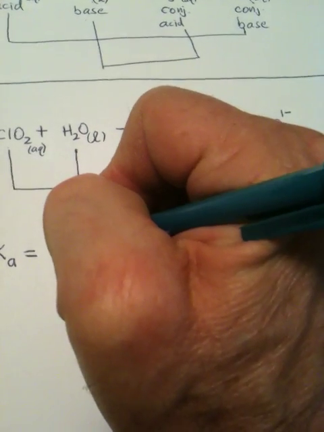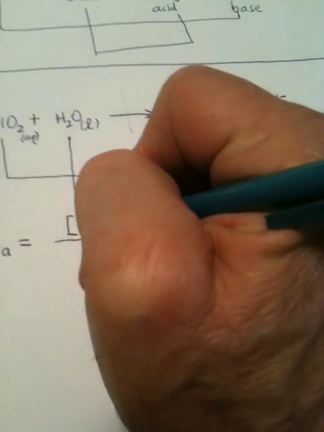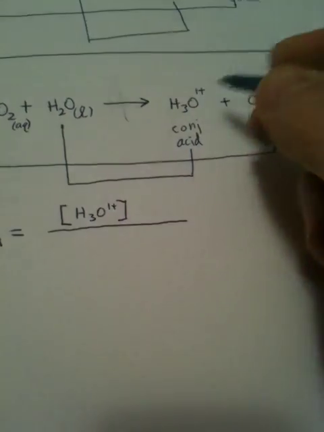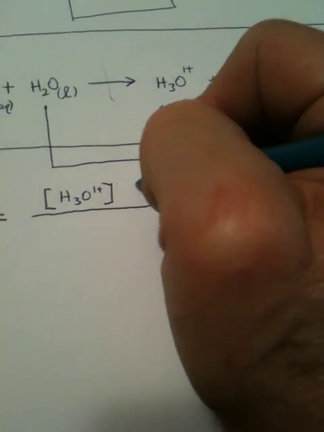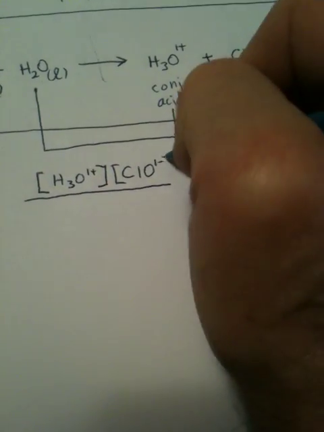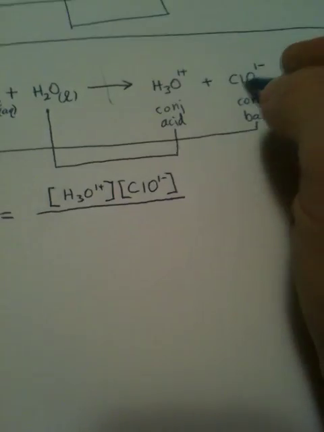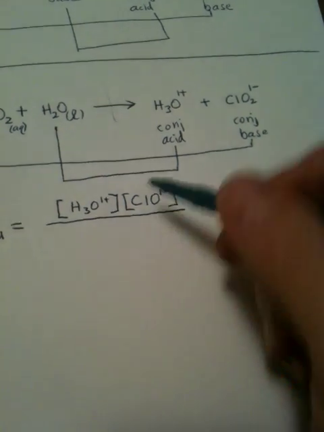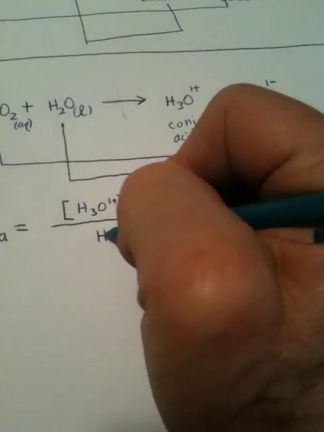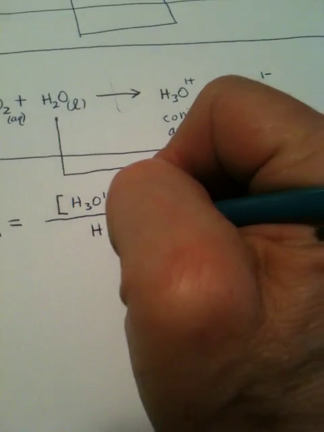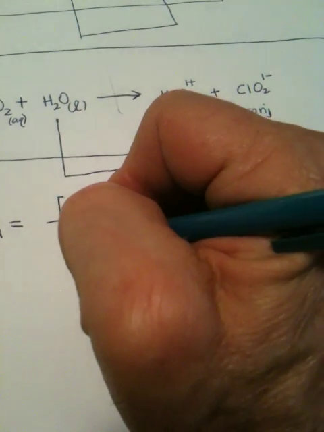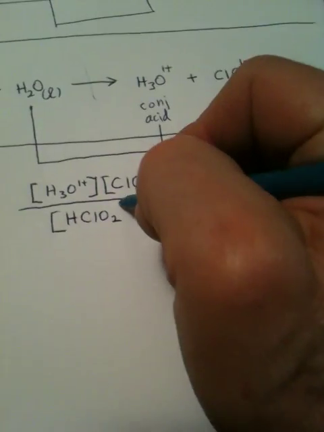So we'll just go ahead and write the hydronium ion, H3O 1 plus. That's the concentration of hydronium ion. And this is the concentration of the chlorite, which is a 1 minus ion. These are the products. And underneath, the reactants. Now you're going to see the HClO2, no charge, and that's the only reactant.